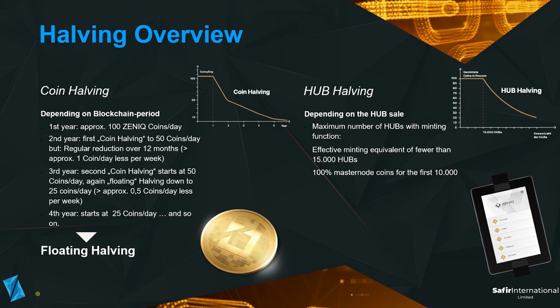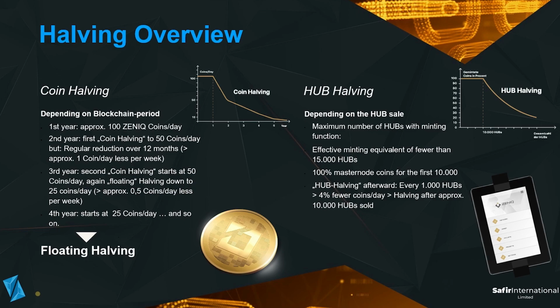These 10,000 pieces had a 100% minting power, a 100% masternode power. The next 1,000 pieces have 4% less than the previous 10,000. And if these 1,000 pieces are sold, the next 1,000 pieces have also 4% less than the previous 1,000 pieces.